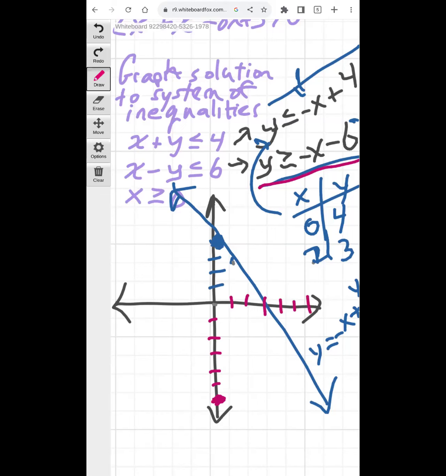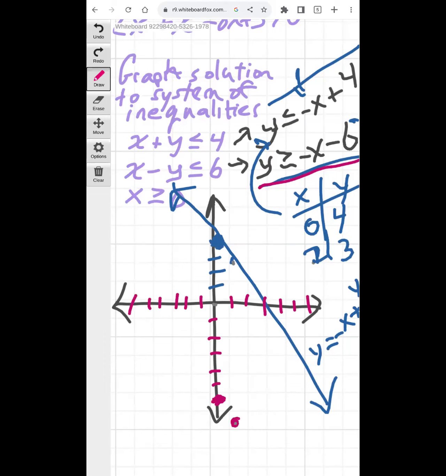Or if x is negative 6, 1, 2, 3, 4, 5, 6. This is still going to have a slope of negative 1 as well. So I can just draw it like that.